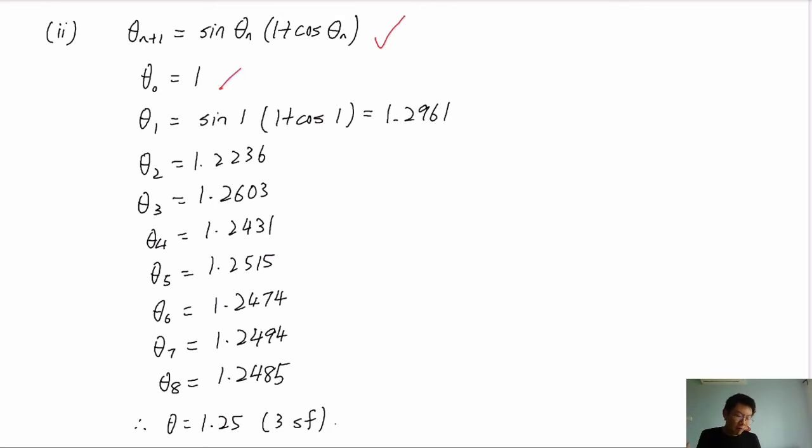And it is given that for the first value, our theta naught is 1. For the next value, always remember, we have to substitute this and show our working, say how we actually calculate the next value.